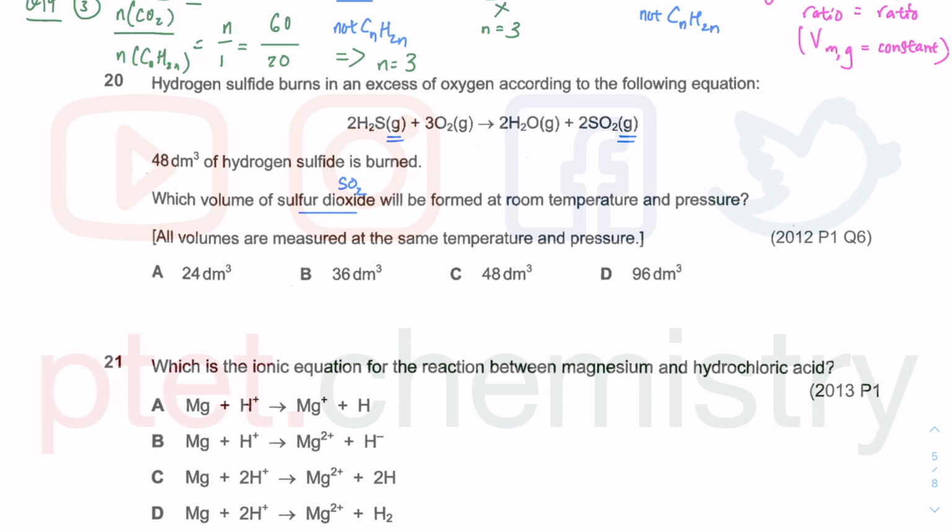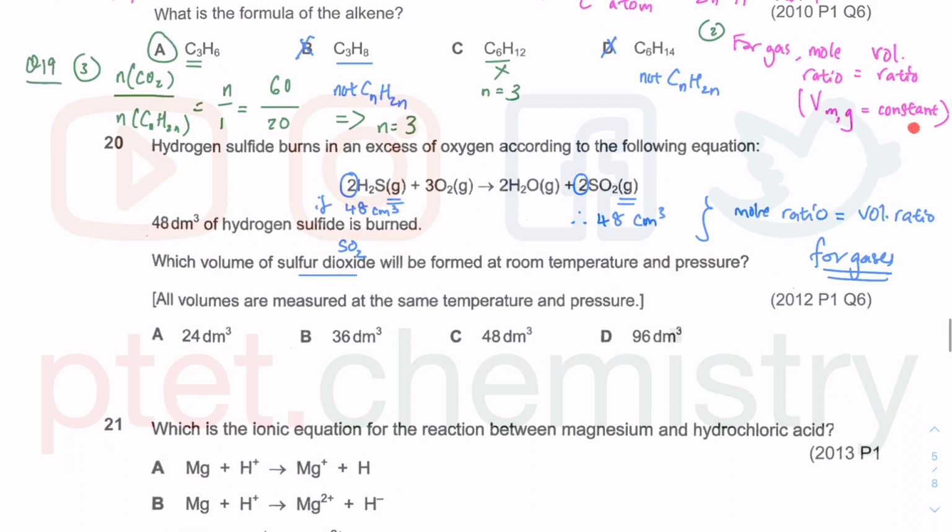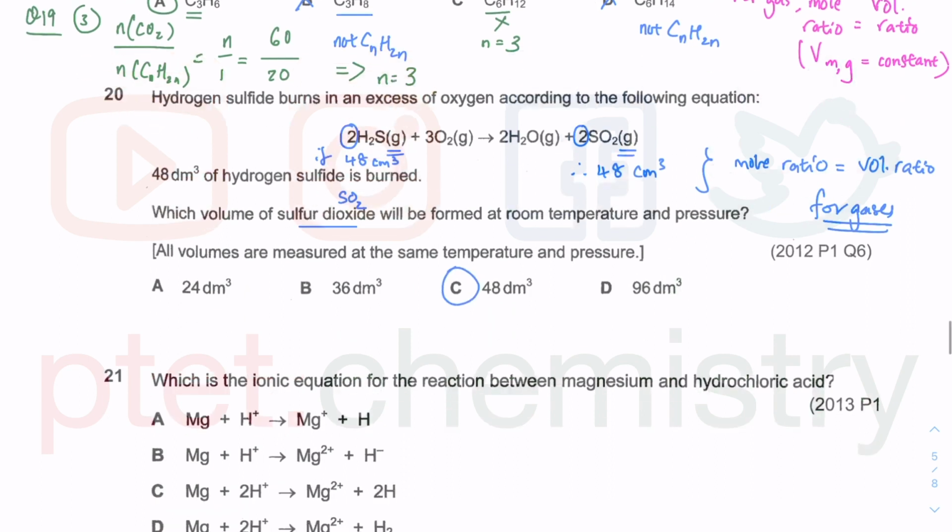So if 2 mole of hydrogen sulfide gives you 2 mole of SO2, and we have 48 cm³ of hydrogen sulfide, therefore we will get 48 cm³ as well, because 1 mole gives you 1 mole, 2 mole gives you 2 mole, 48 cm³ gives you 48 cm³, because mole ratio of gas is equal to volume ratio for gases, because of what I said earlier, this is a constant. They are related by that, so we get the answer straight away. Very, very obvious there.